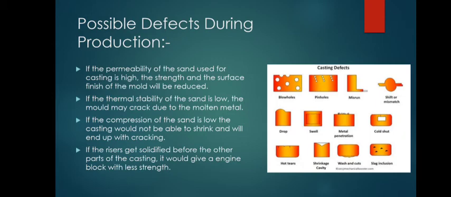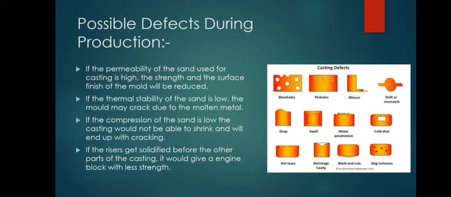If the permeability of the sand used for casting is high, the strength and the surface finish of the mold will be reduced. If the thermal stability of the sand is low, the mold may crack due to the molten metal. Then the third defect is if the compressibility of the sand is low, the casting would not be able to shrink and will end with cracking.